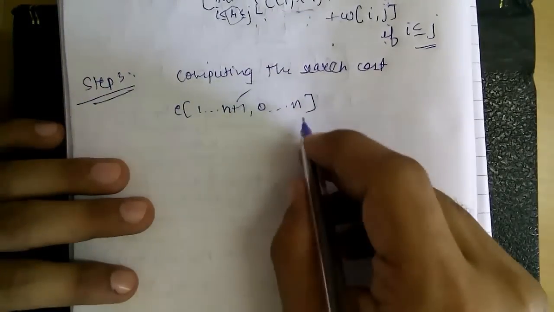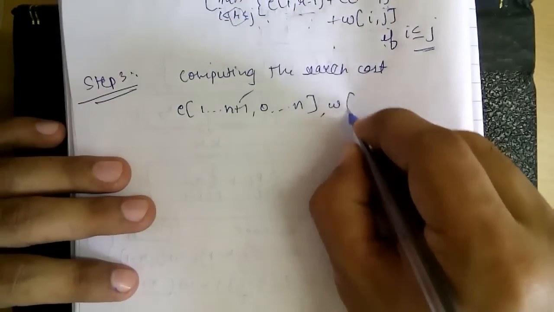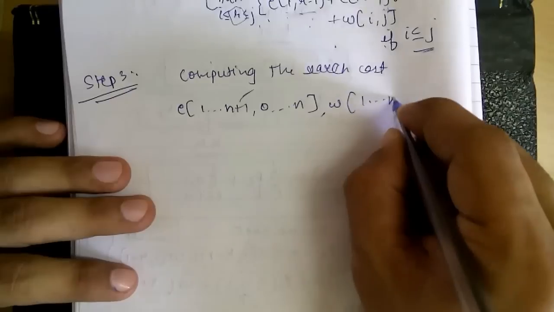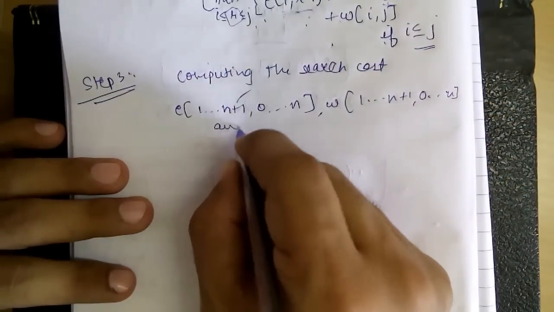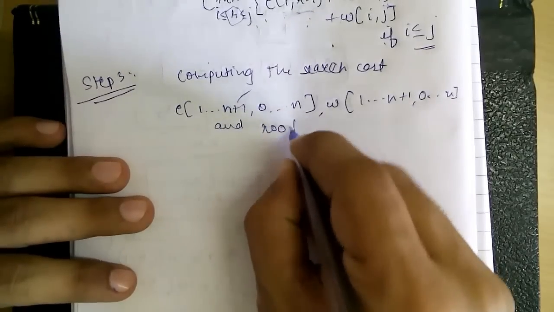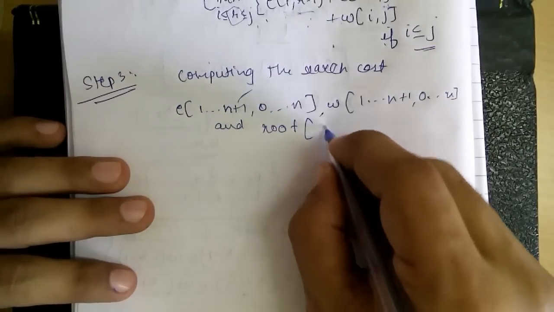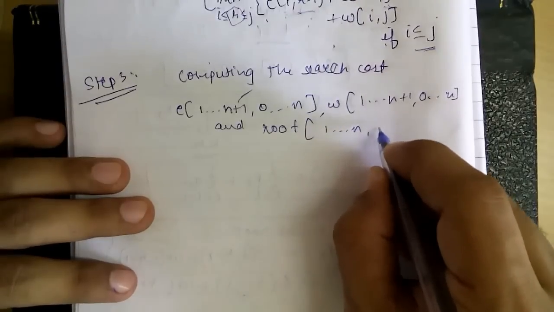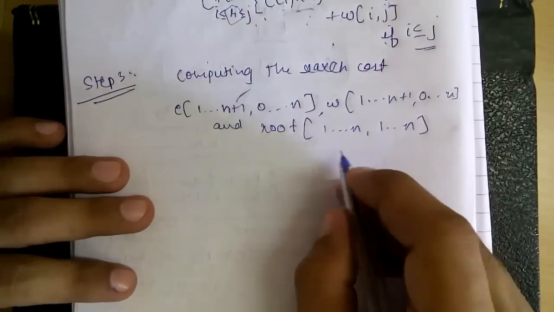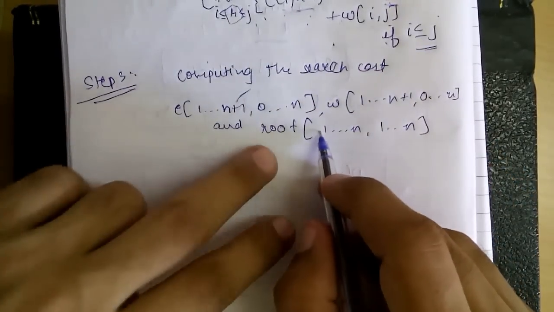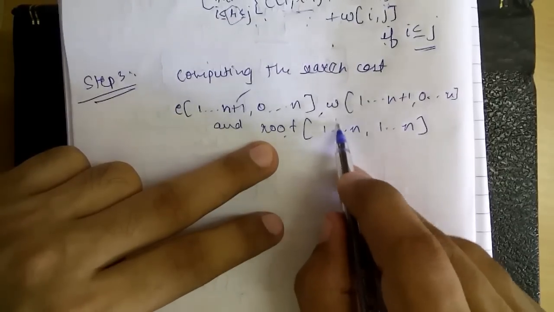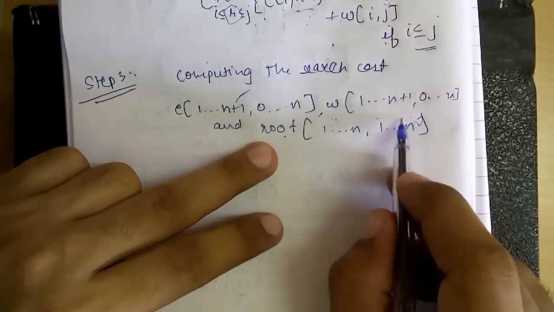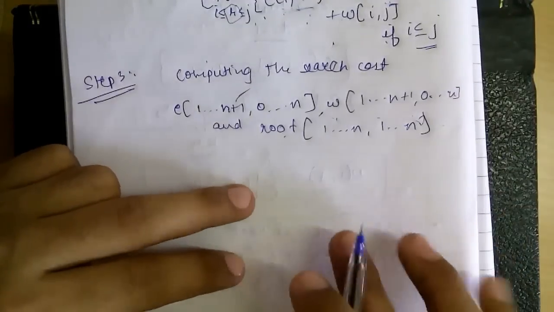Then we have another one having the sum of probabilities, and one more we will use to store the root, which is the optimal element to choose for i to j. This root of i, j will be having that value.